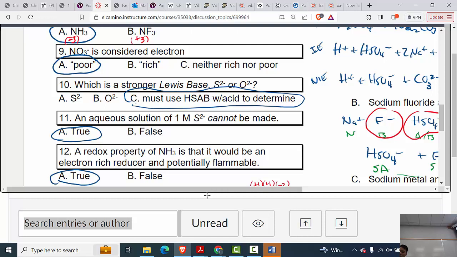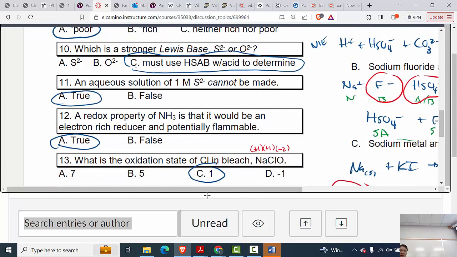So all strong bases equalize to hydroxide because that's what they're going to form when mixed with water. 12, a redox property of ammonia is that it would be an electron-rich reducer and potentially flammable. Yeah, ammonia is at the rich end of the spectrum. And it should be potentially flammable.